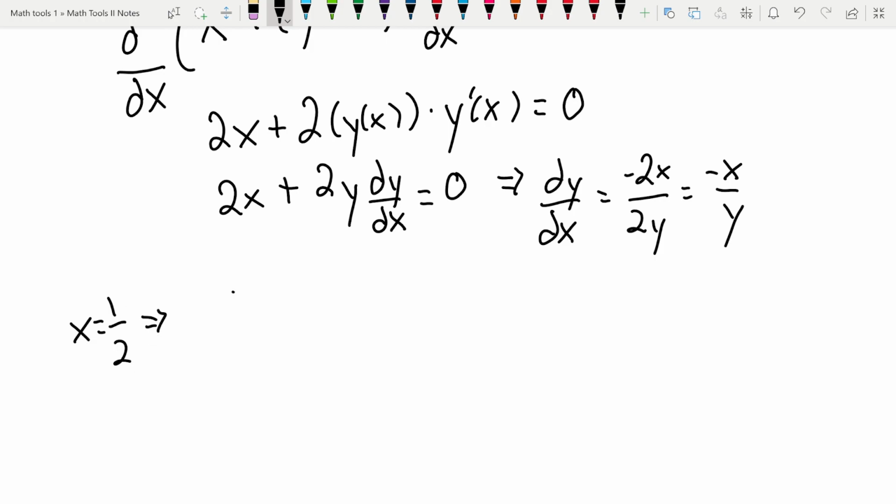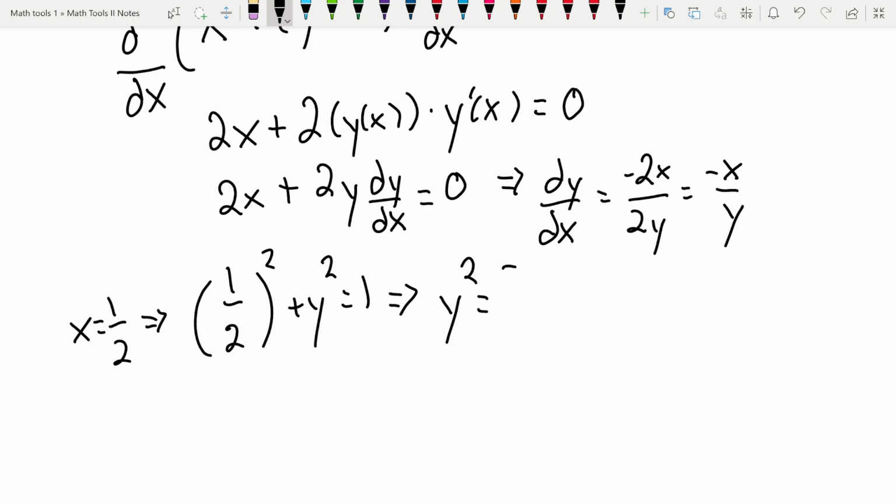So x equaling 1/2 means that we have 1/2 squared plus y squared equals 1. 1/2 squared is 1/4. So this is y squared equals 3/4, because we do 1 minus 1/4 here, which is going to imply that y is equal to plus or minus root 3 over 2.